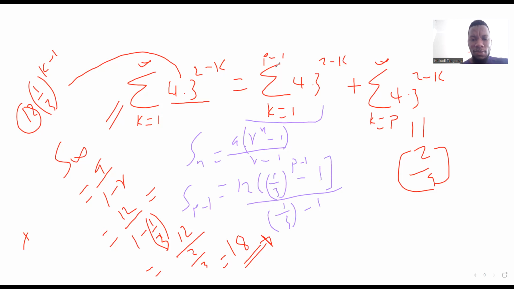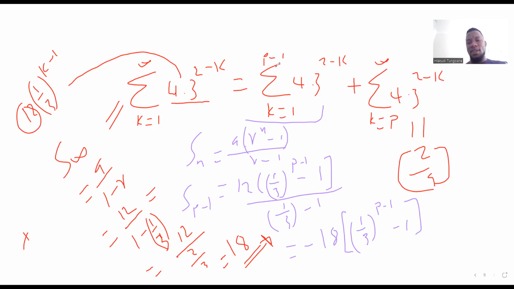If you continue, that's going to be minus 2 over 3. So minus 2 over 3 over 12, that's minus 18. So you have minus 18 times (1 over 3)^(p minus 1) minus 1, right?